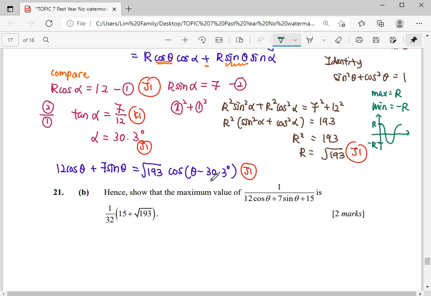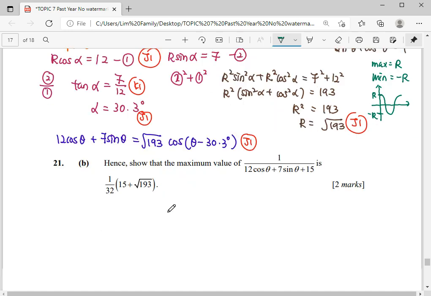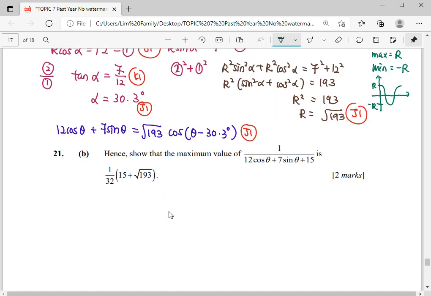They say they want to find the maximum value of this. Please show that we can get to this answer. So we have to apply from the question, 1 over 12 cos theta plus 7 sine theta.